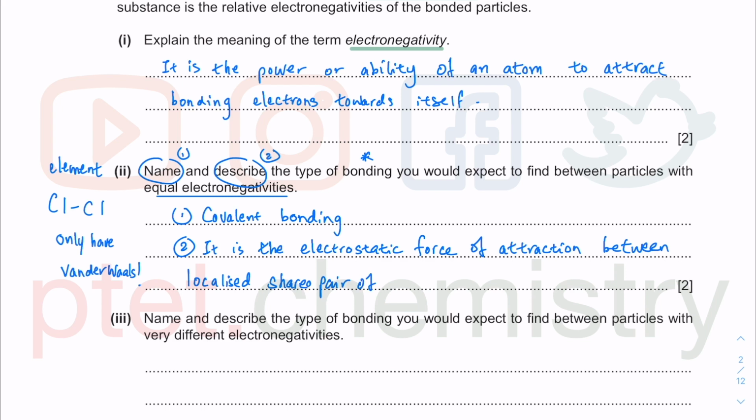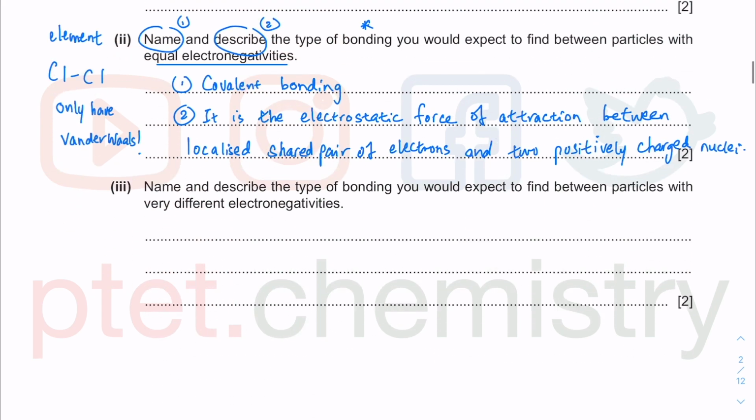So this is the localized shared pair of electrons, which are negatively charged, and they are sandwiched in between 2 positively charged nuclei. Okay, that is the nature of the attraction, which is electrostatic, positive attracts negative there.